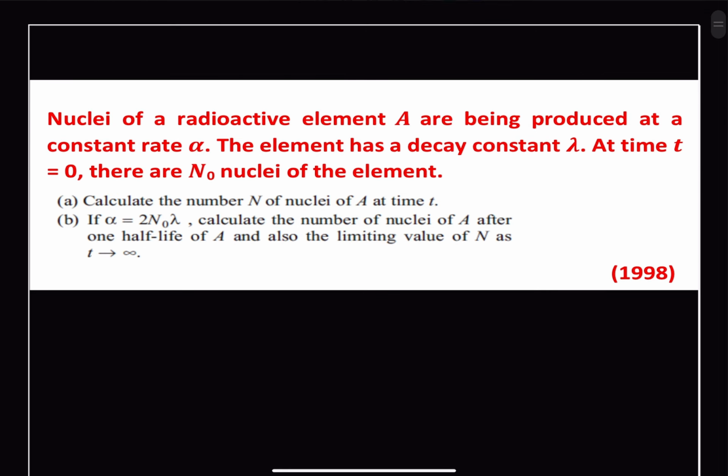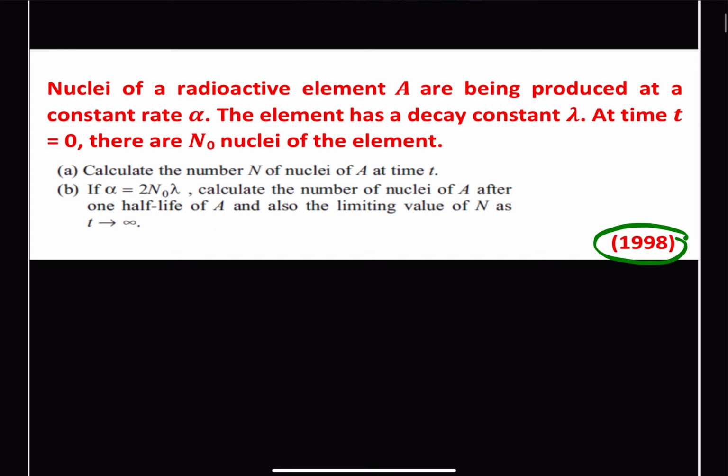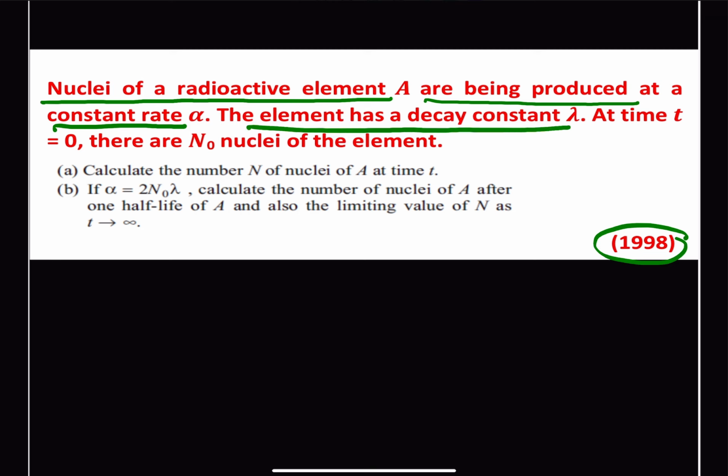So the first question, which was asked in the year 1998, states that nuclei of a radioactive element A are being produced at a constant rate of alpha. The element has a decay constant lambda. At time t equal to 0, there are n0 nuclei of the element.